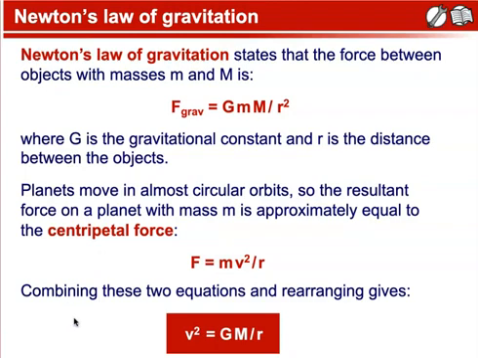Combining these two equations and rearranging gives v squared equals GM divided by r. You should note that the speed of a planet in orbit does not depend on the mass of the object, only the mass of the Sun and the distance between the planet and the Sun.